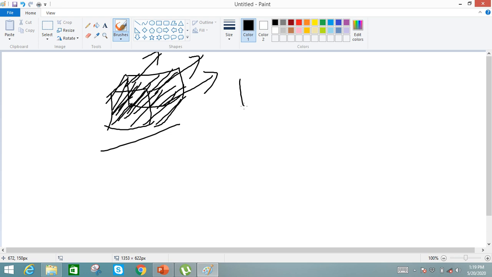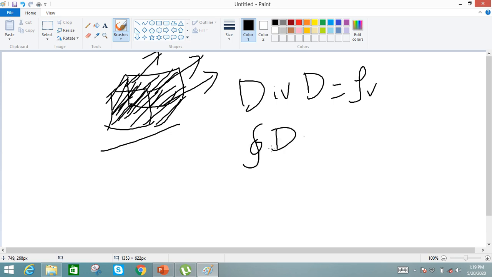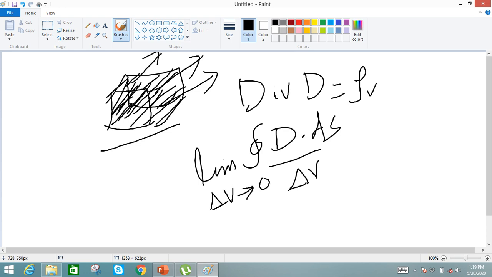So the divergence of D will be equal to rho v, and actually the divergence of D can be defined as the limit of D dot ds divided by del v, as del v shrinks to 0.